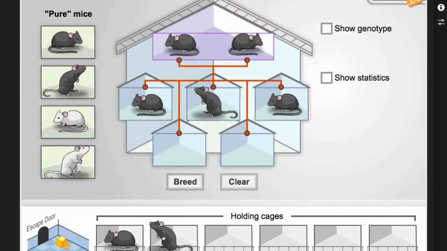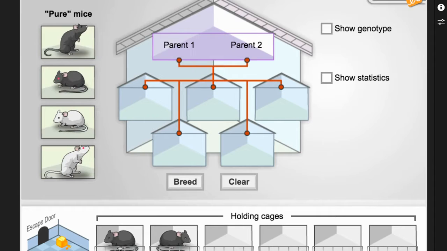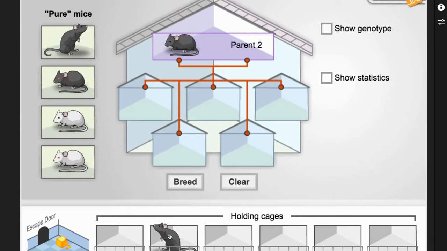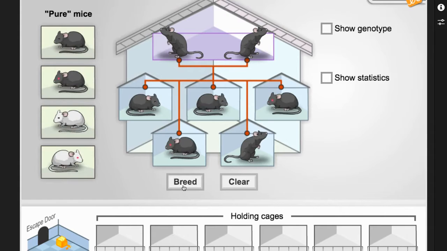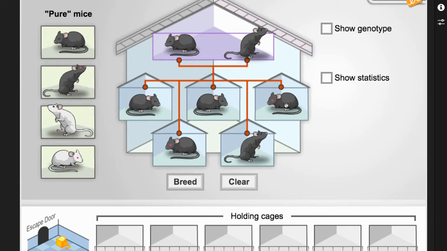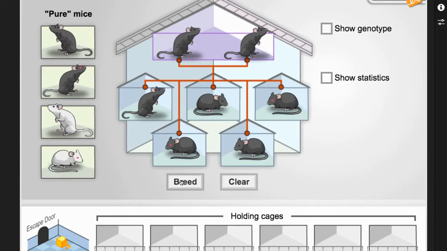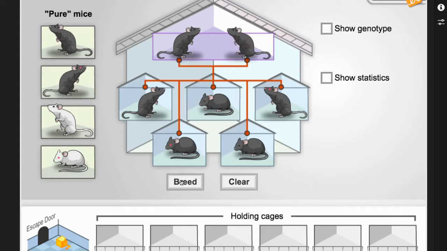Now, when we breed those babies together, which had black fur alleles and some alleles for red eye color as well, most of them are going to be black eyes, black fur, but some of them are black fur and red eyes.